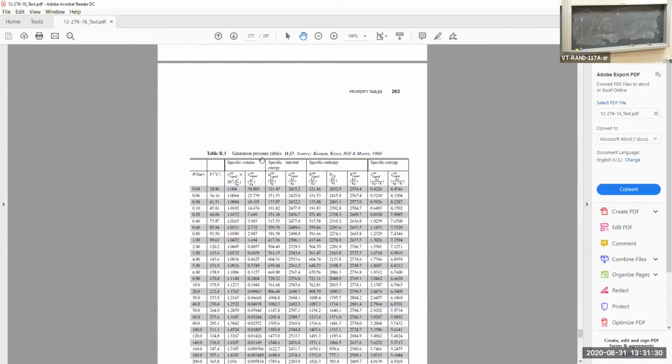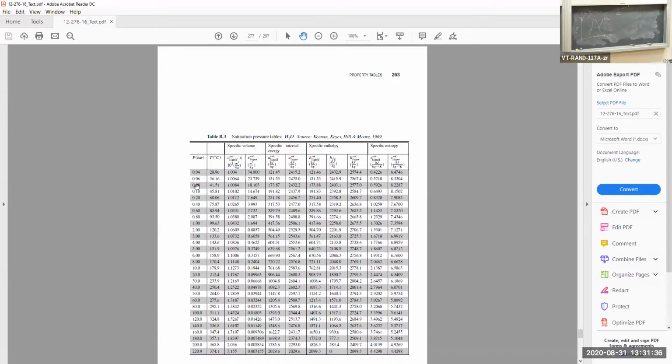Let's look at this saturation pressure table. Instead of having temperature in the first column, we have pressure in the first column, in bar. We are at a pressure of 5 bar. Here's 5 bar right here.